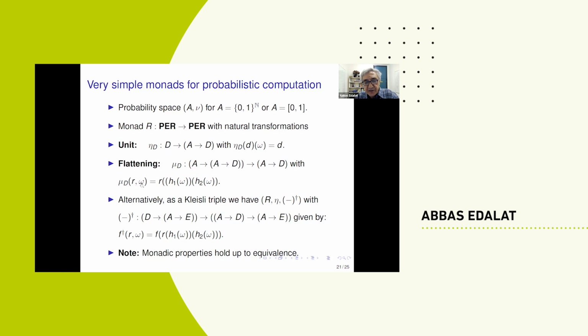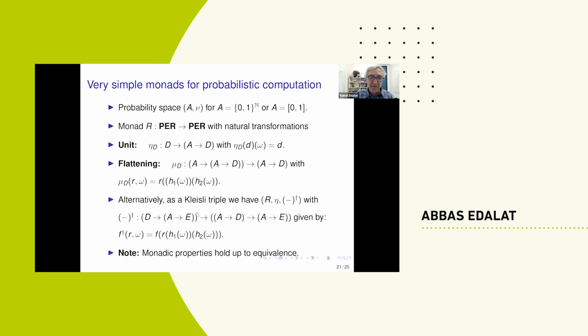It just splits the sample point omega into its first and second component by H1 and H2, either using the even and odd parts of omega if you're using the Cantor space, or the 2 components of the Hilbert curve if you're using the Hilbert curve, and just evaluates. So this is very simple.